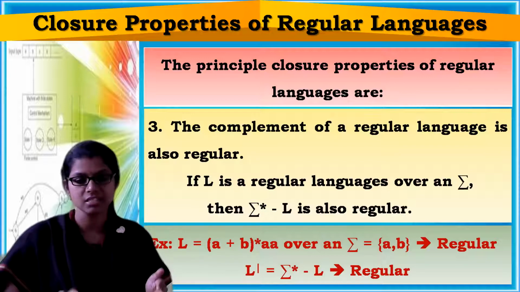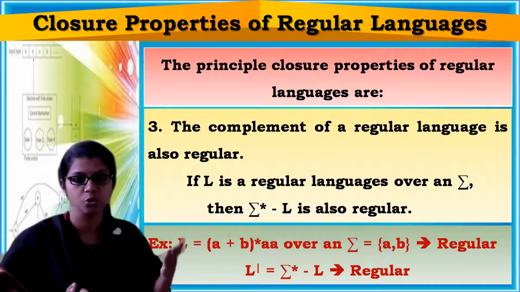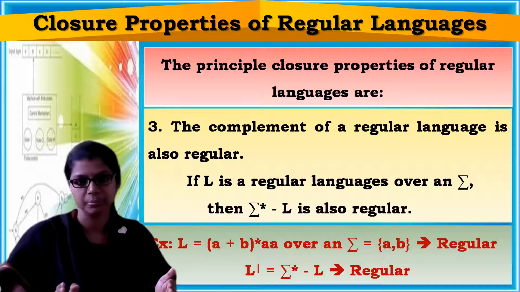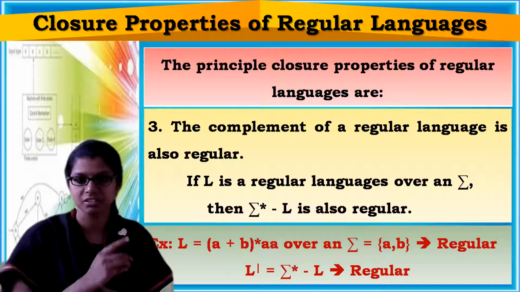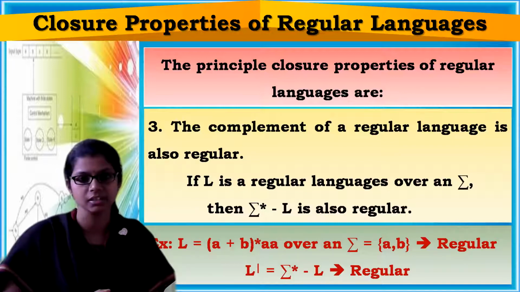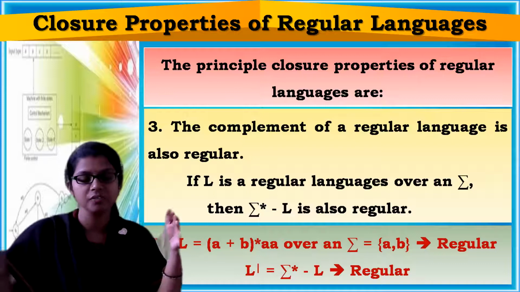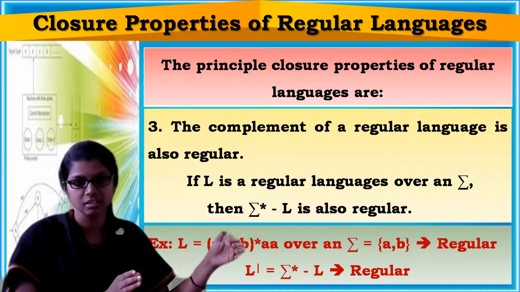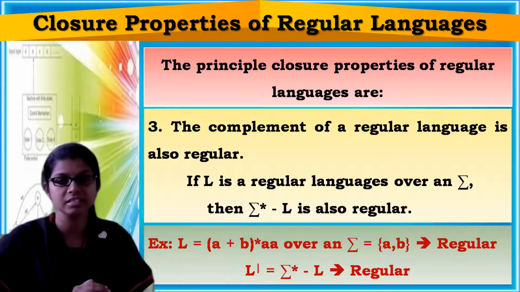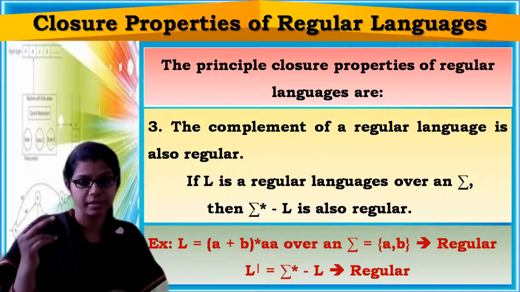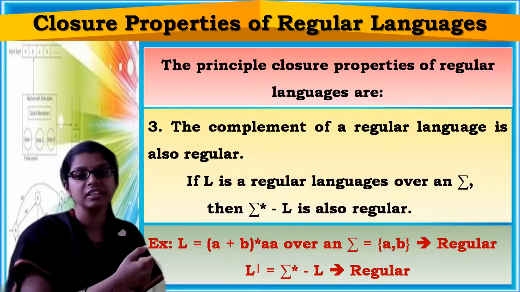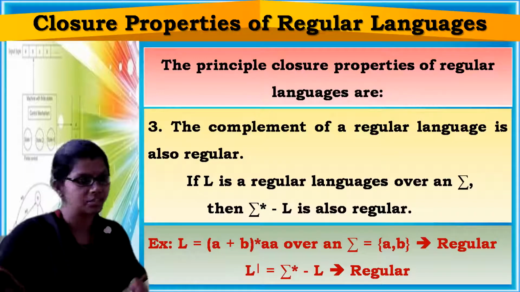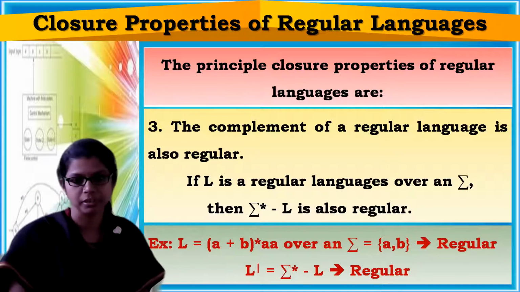Our given language is the set of all strings over the alphabet AB ending with AA, and it is regular. Its complement means that from the whole set we subtract the strings of this language, so the set of all strings over alphabet AB that do not end with AA is also regular. So if L is regular, then its complement is also regular. That is the third property.